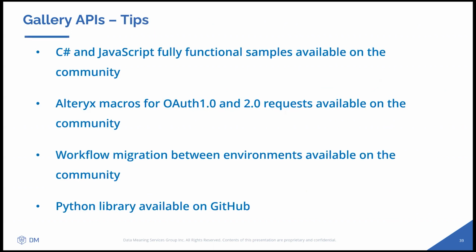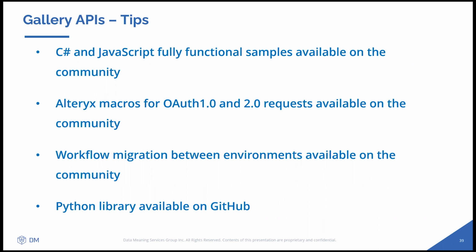All right, so just some tips here before we finish. We are almost at the end here. So you can see some C# and JavaScript fully functional samples available on the community. The macros for Auth 1.0 and 2.0 requests, they are available on the community.